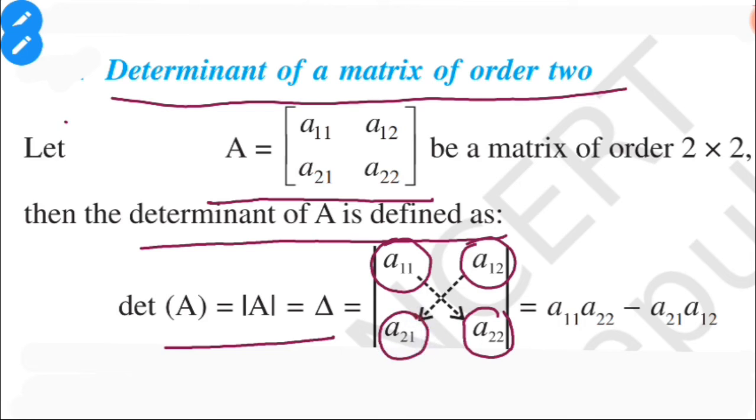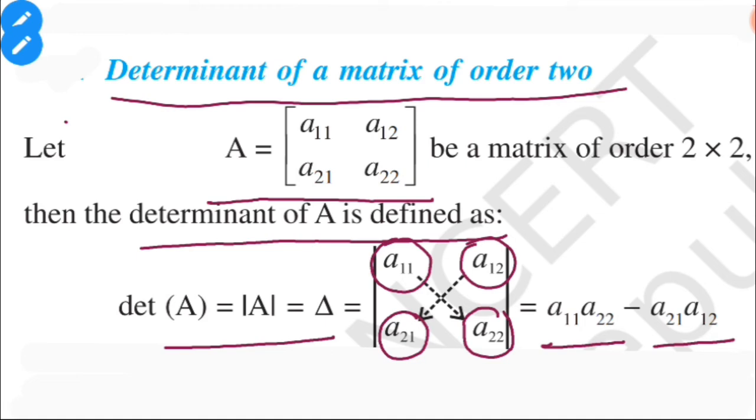This is the method of finding the determinant of a 2 by 2 matrix. So the answer is a11 into a22 minus a21 into a12.